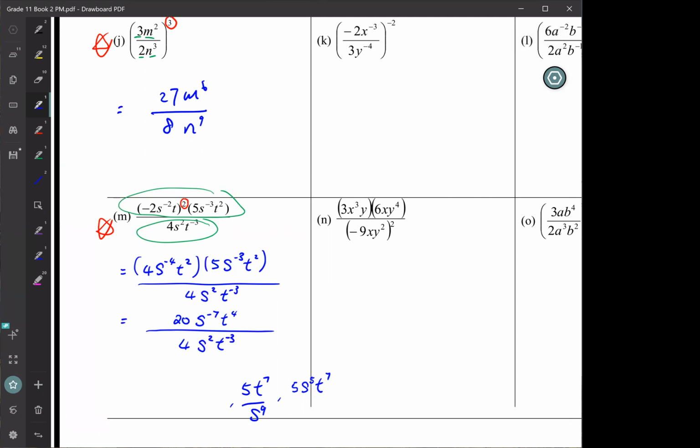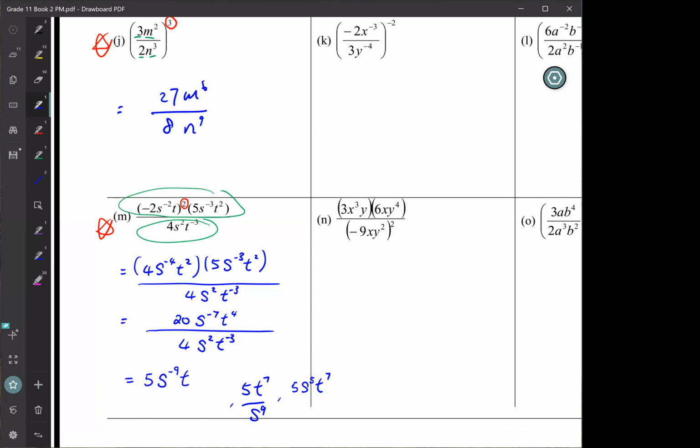Okay, so now we want to do dividing, right? So 20 divided by 4, that will give us a 5. And then for s, you need to subtract the exponent, right? So negative 7 subtract 2. Be careful when you do the integers, right? Negative 9. And then t to the 4 subtract negative 3.